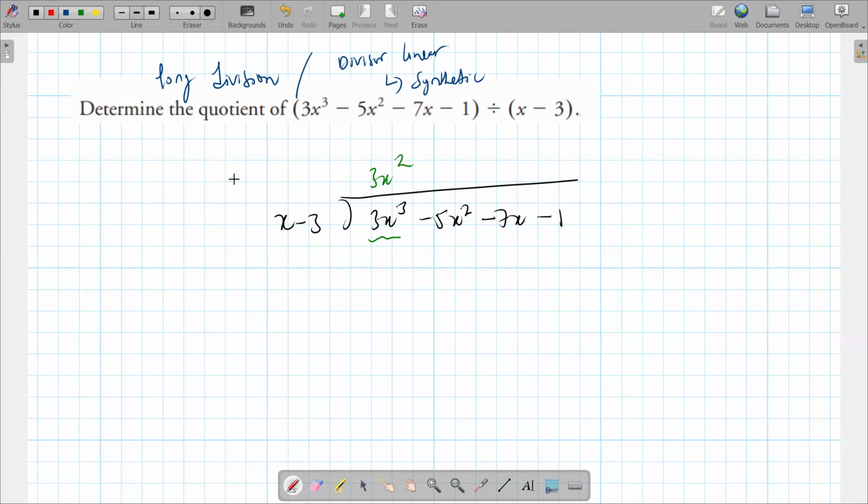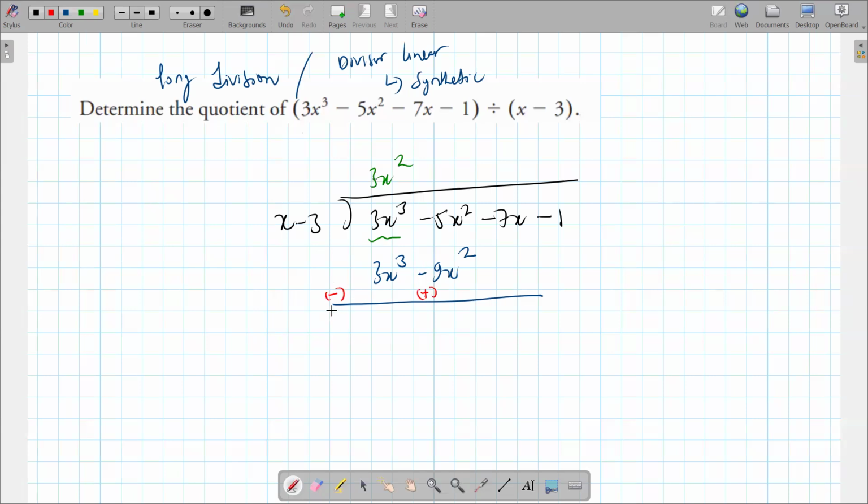Now you're going to multiply 3x squared with your divisor, one term at a time. 3x squared times x is 3x cubed. 3x squared times minus 3 is negative 9x squared. Like that. And in long division, every single time we're going to subtract. When you subtract, the sign will flip. So if there's a minus sign already, that becomes a plus.